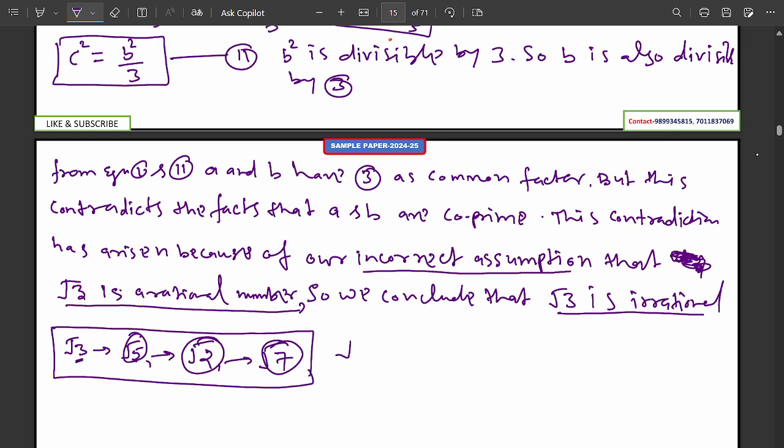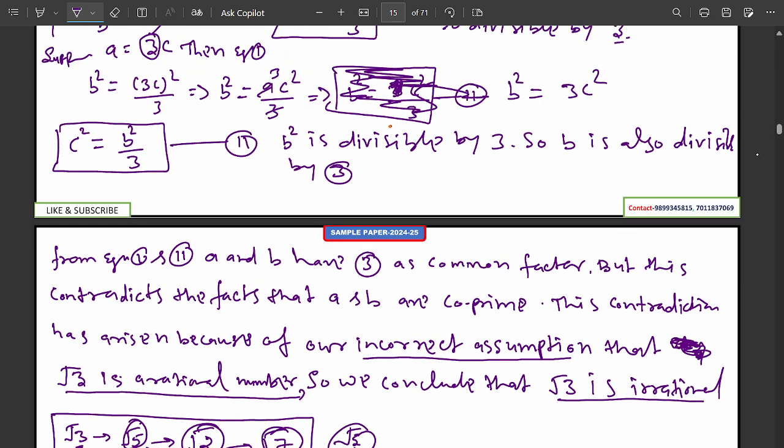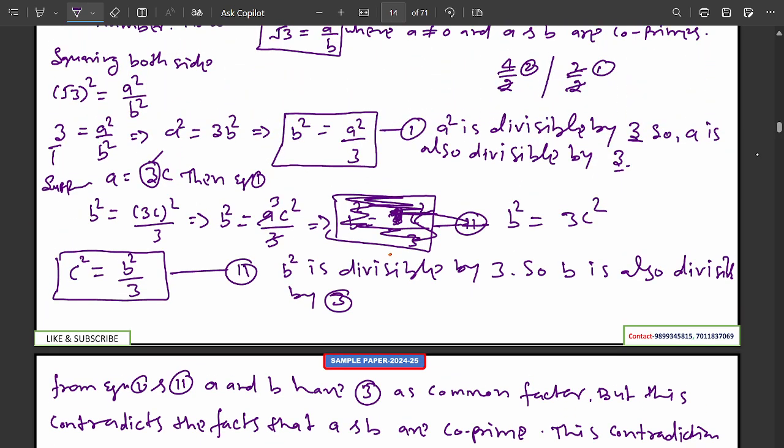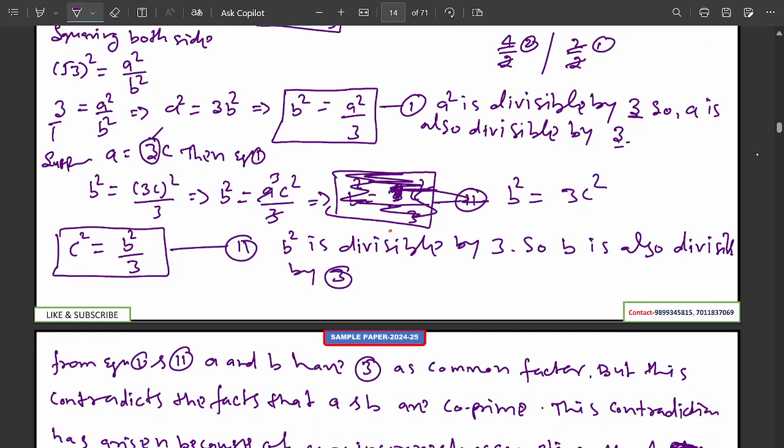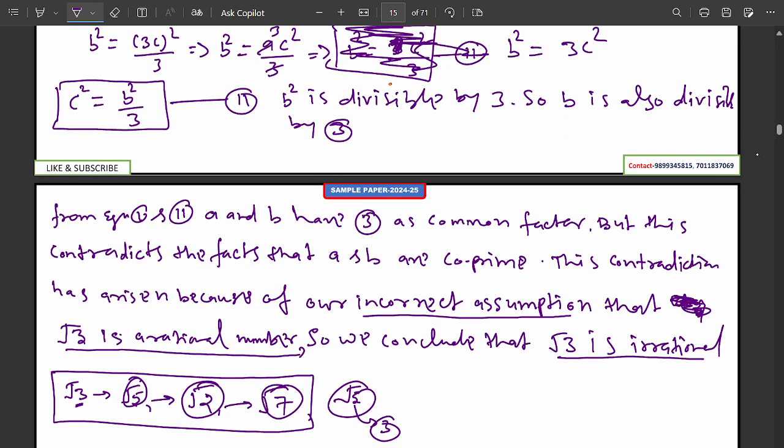If you want to solve root 5, replace 3 with 5, and you can solve it the same way with the same language. If you want to solve root 2, just replace 3 with 2. So this is the whole solution of this question.